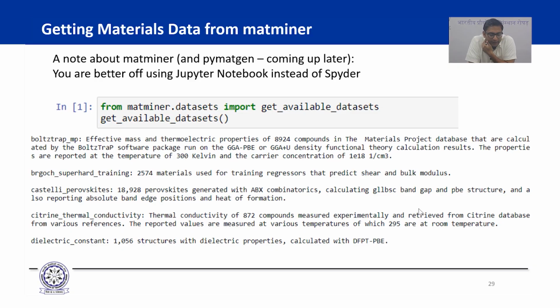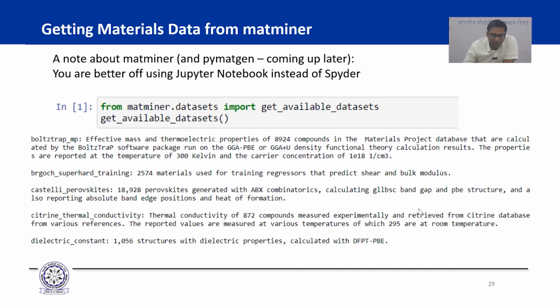So essentially what you want to do is use MatMiner to actually mine online the different data sets that are available. You have to write a proper query about what type of data sets you are looking at, and then using MatMiner you will start mining the information online. For instance, I'm just giving you an example of some of the data sets that MatMiner is able to find. The Boltzmann trap data set is extracted from the Materials Project database, and this is primarily based on density functional theory calculations.